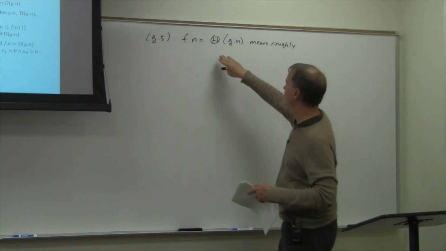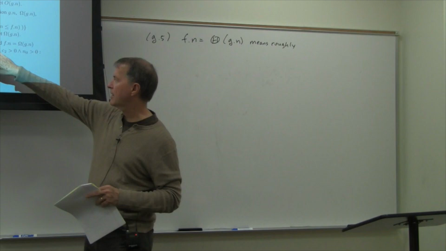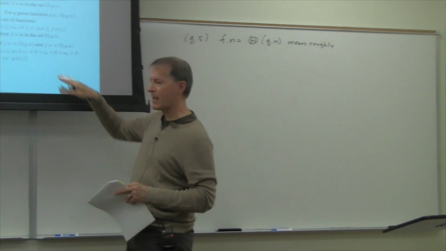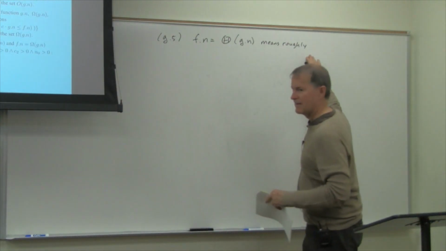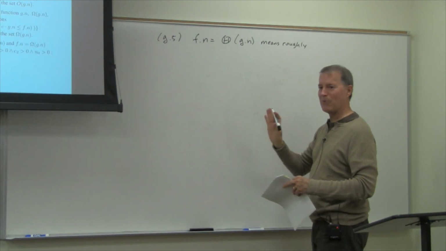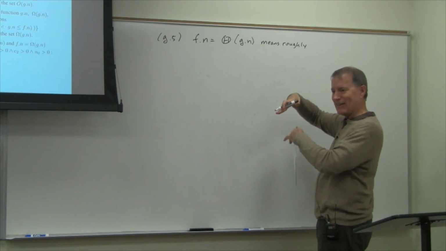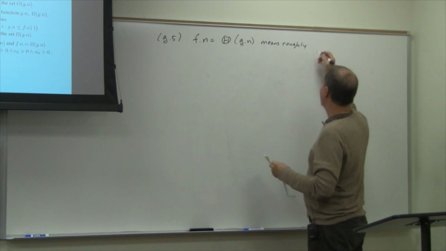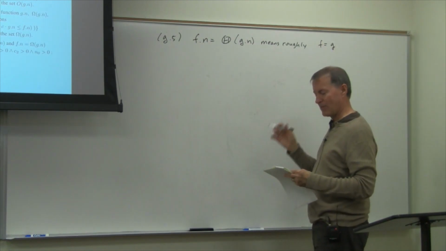Well, if big O meant that g(n) was above it, and big omega meant that it was below it, then if it's both, what does that mean roughly? They're kind of like equal. They're not equal everywhere. In fact, they're probably not equal anywhere. But still, they grow the same way. The upper bound and lower bound means roughly f equals g. That's a way to think of it.